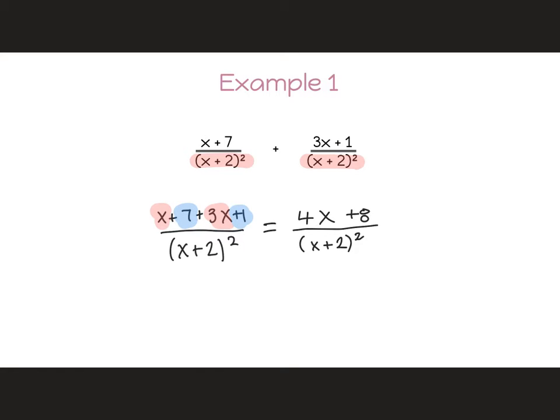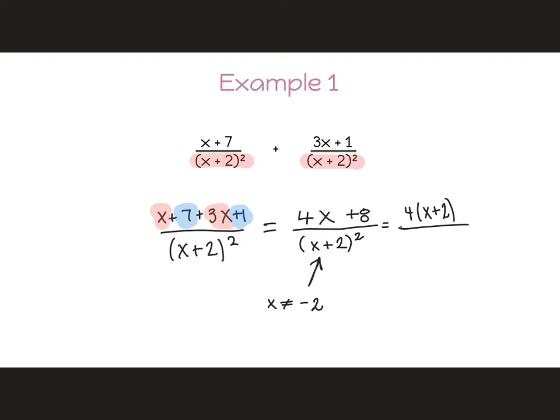Then I just want to check if I can simplify anything. Before I do that, I am going to list any restrictions at this point. So I would not want x to be negative 2. If x were negative 2, that would be negative 2 plus 2, and that would give me a 0 denominator, which I don't want. On the top, I can factor out a 4, which leaves me with x plus 2.